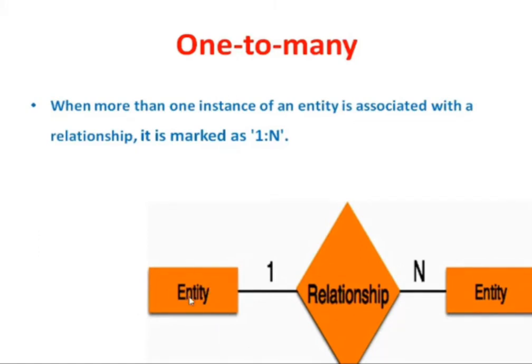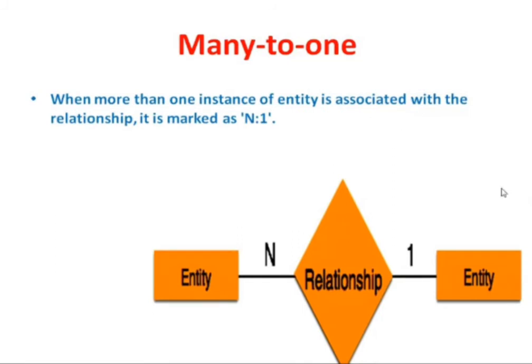I'm the one teacher teaching multiple students. As for teacher, there is only one instance, that is me, and as for student, there are multiple instances. There are around 28 students. So 1 is to n, 1 is to 28, or I can call this relationship 1 to many.